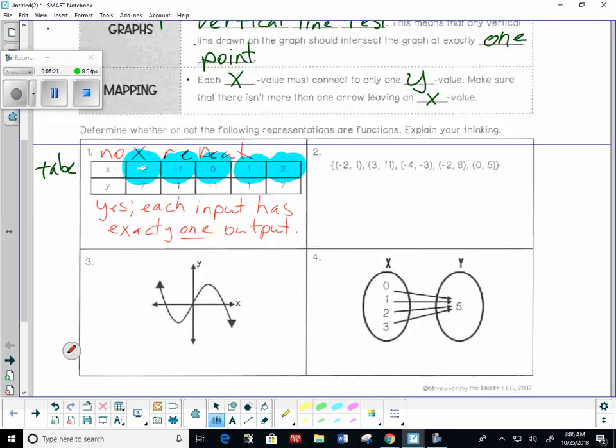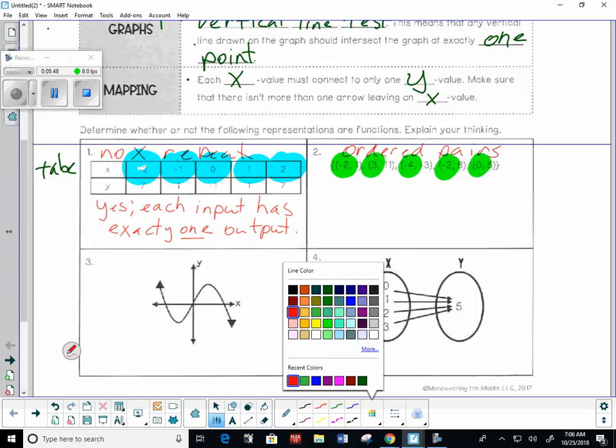And now we're going to look at our ordered pairs. You can see here's a -2 for x, a 3, a -4, a -2, and a 0. So are you seeing any repeats?